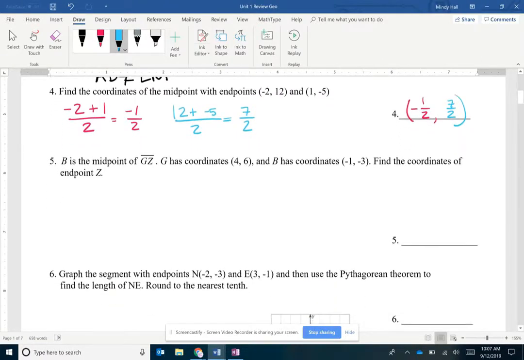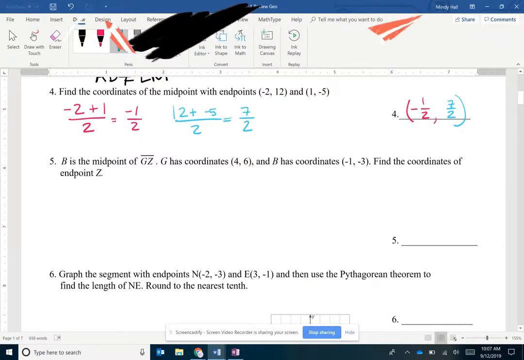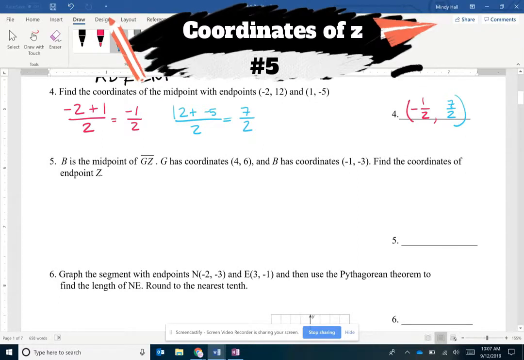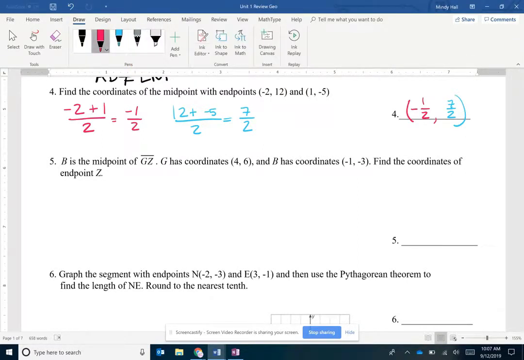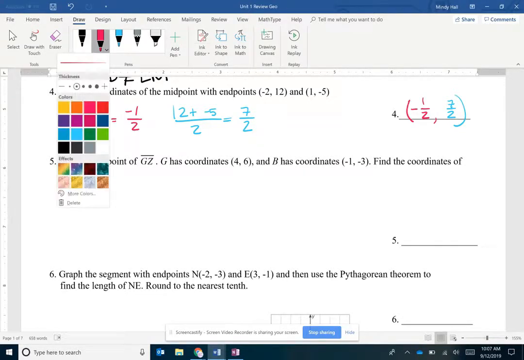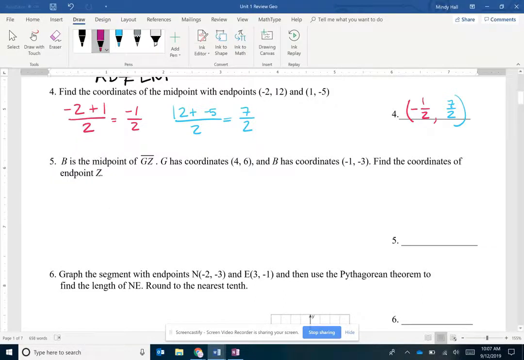So then I know that B is the midpoint of GZ. G has coordinates 4, 6, and B has coordinates negative 1, negative 3. Find the coordinates of the endpoint Z. What I would say for this one is you can do it algebraically, but it may be slightly easier to not do it algebraically. So I will show you the setup for algebra. With algebra, you would take your endpoint, and this is the midpoint.